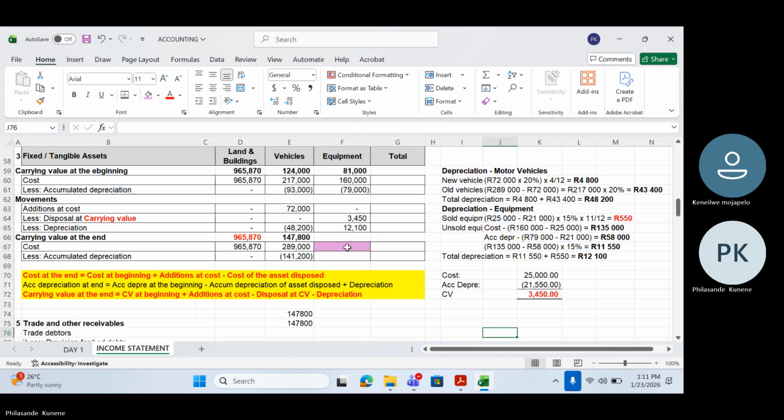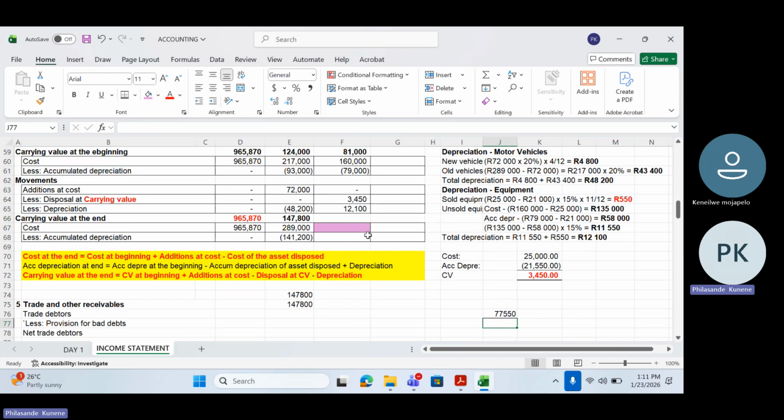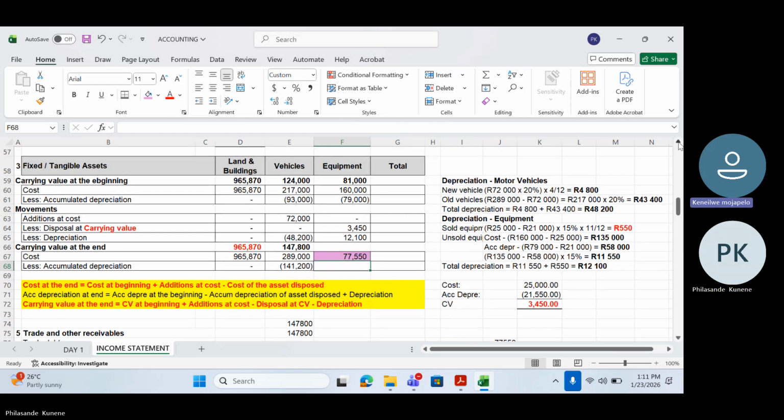77,550. How did you calculate it? I took the asset. Am I supposed to subtract it by the cost of the asset? Wait. I was doing something else. Let me try again.